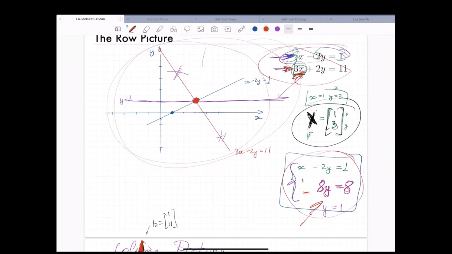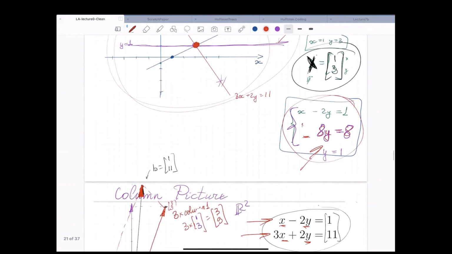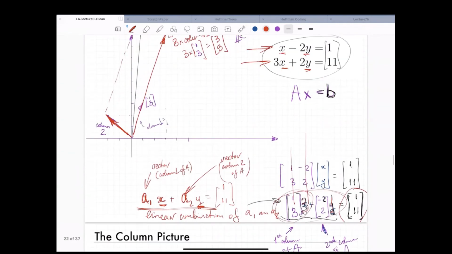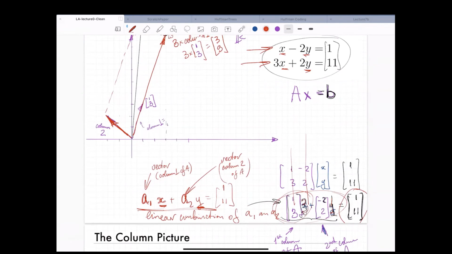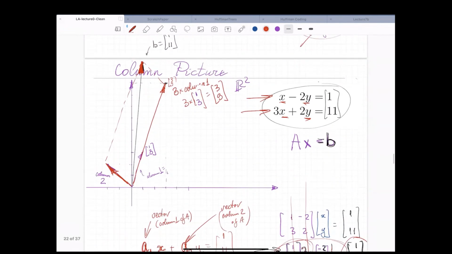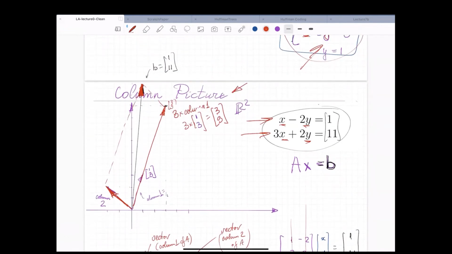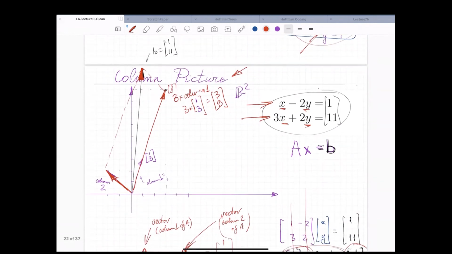And then, most importantly, we took another view of the whole system, a completely different viewpoint, which we dubbed the column picture of the system of linear equations. We now view columns of the transformation itself, of the matrix itself, as vectors in two-dimensional space.